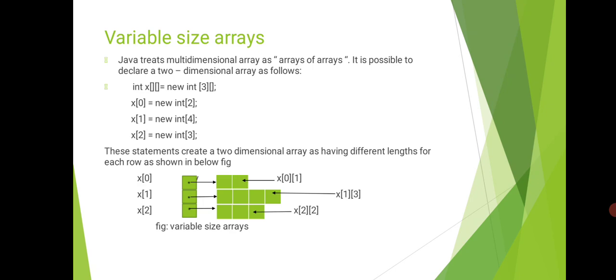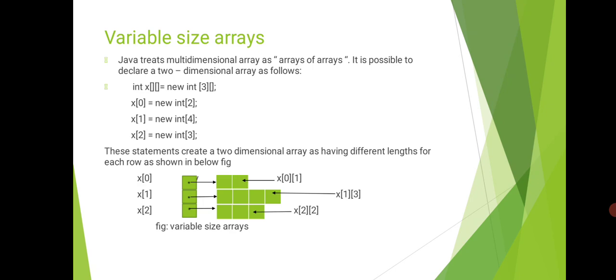These statements created a two-dimensional array having different length for each row as shown in the figure below. So here we have shown that x of 0 has 2 columns, that is x of 0 comma 0 and x of 0 comma 1.